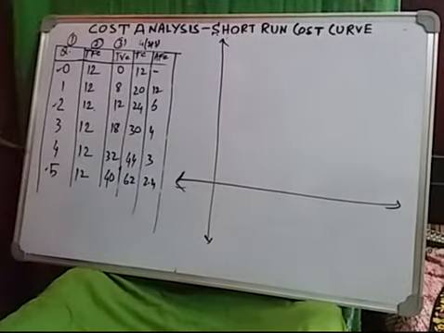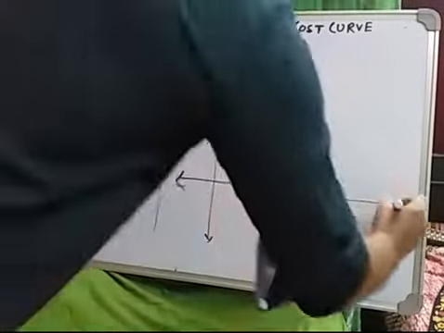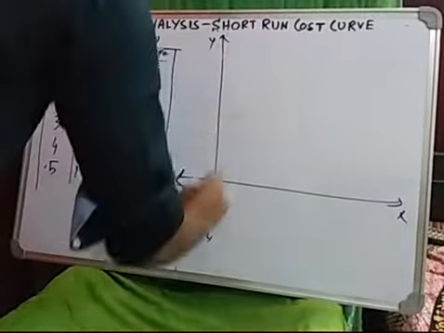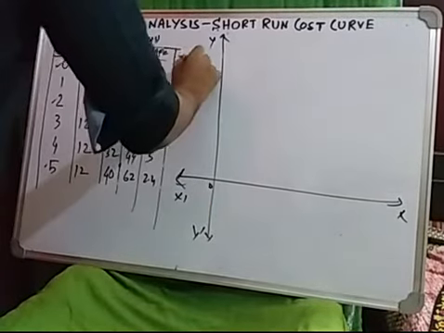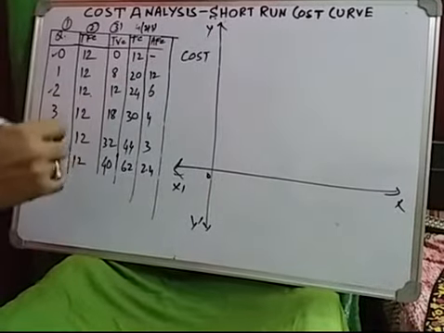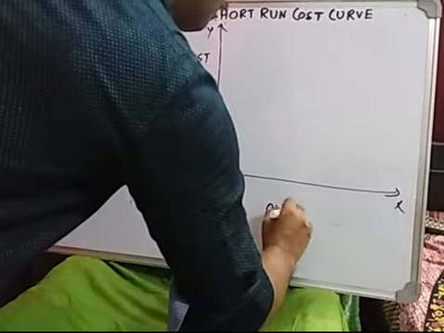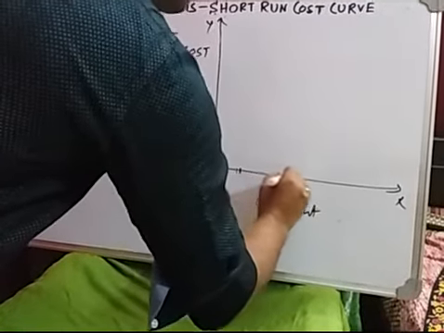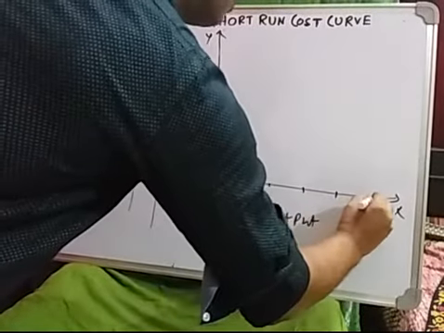AFC curve. Okay. So this is XO X dash, YO Y dash. Here is the cost and here is the output. Okay. So 1, 2, 3, 4, 5.